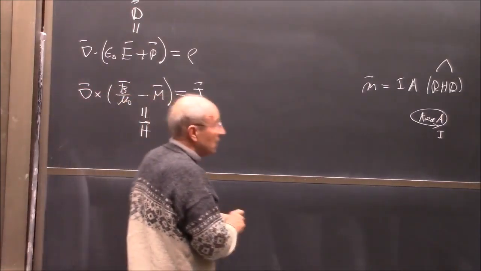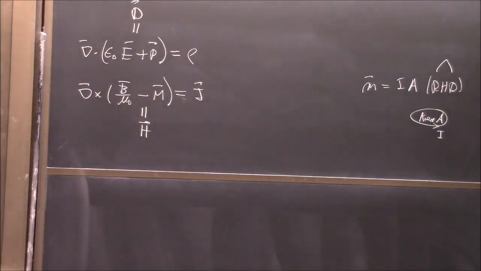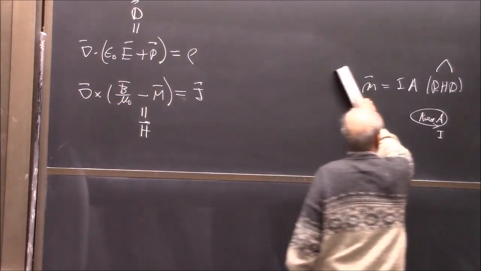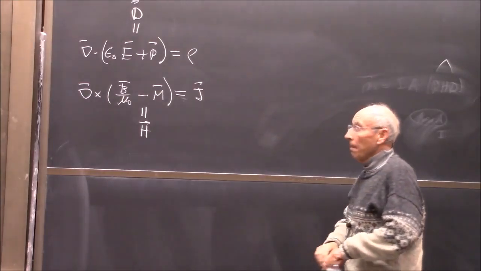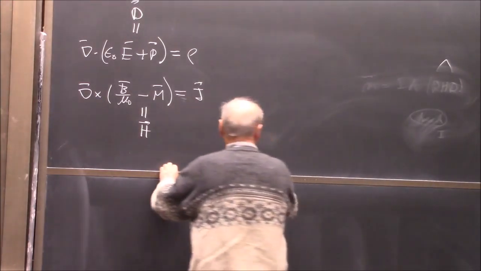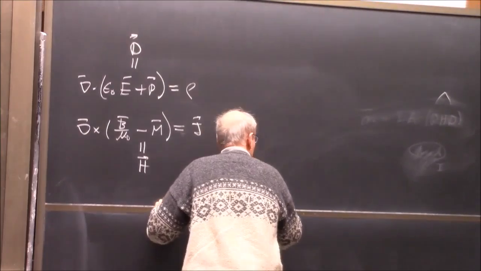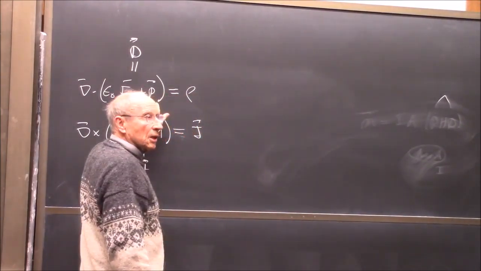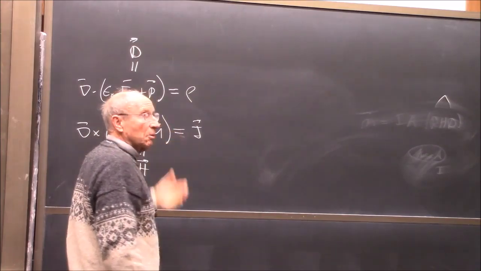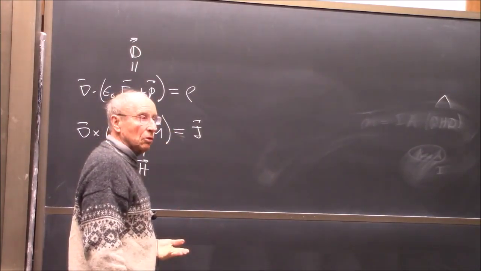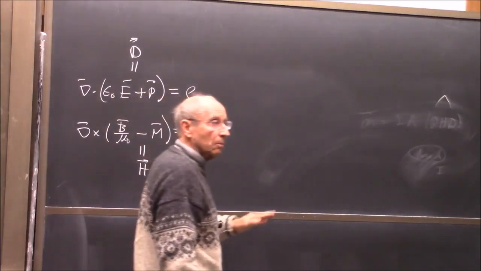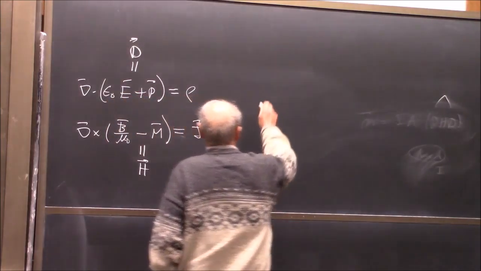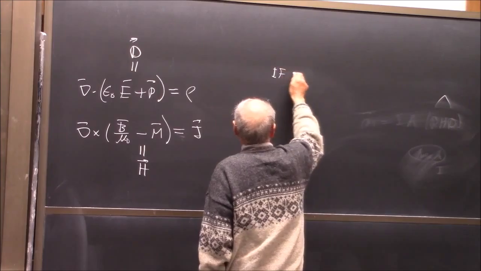So, in this first case, the dielectric case, we said that most of the time in the dielectric case, the polarization was proportional to the electric field that produced it. Not always, but most of the time.